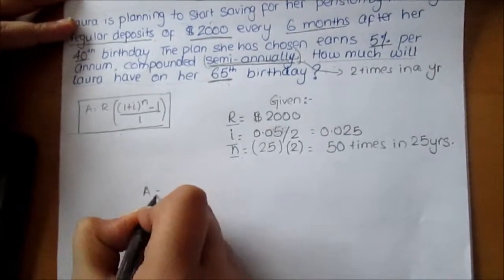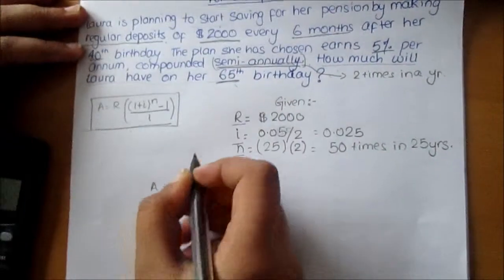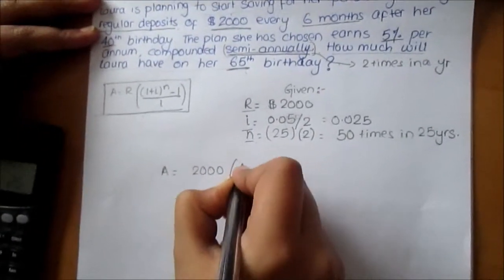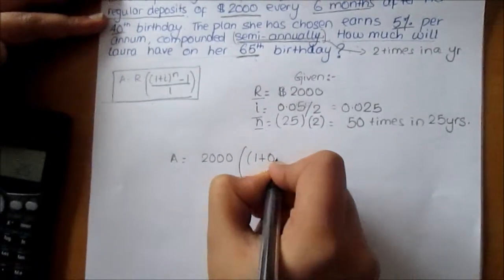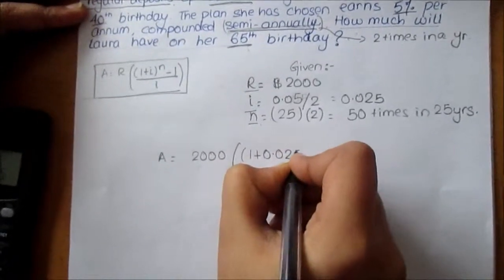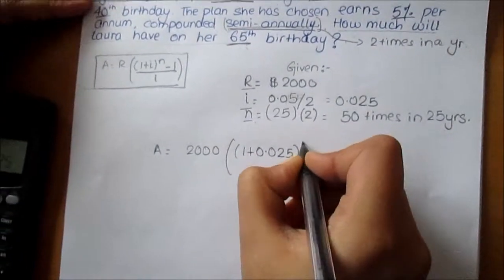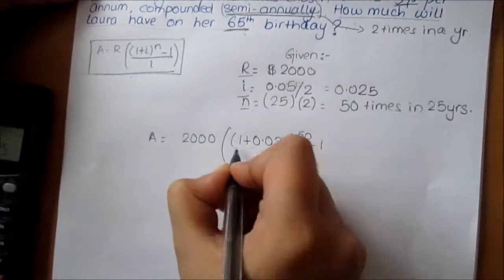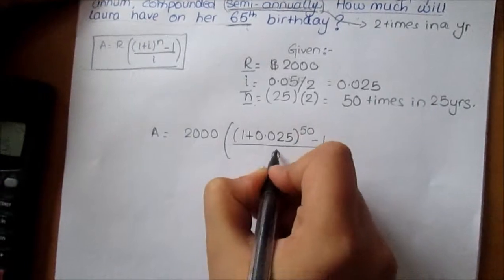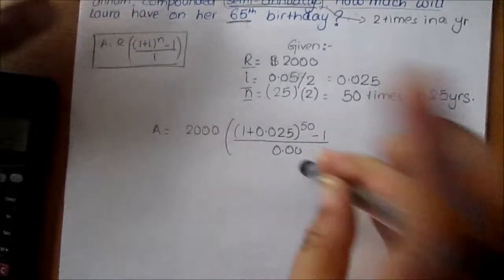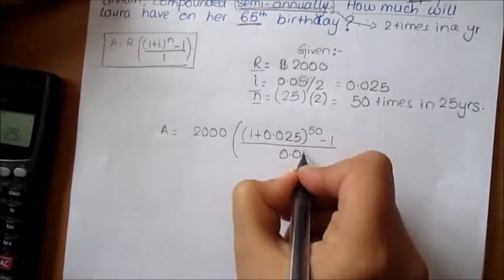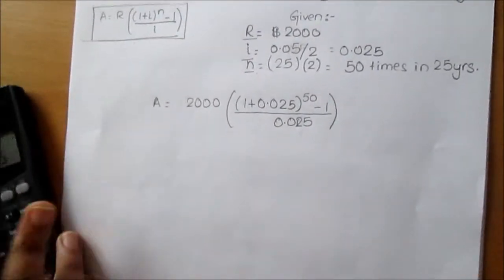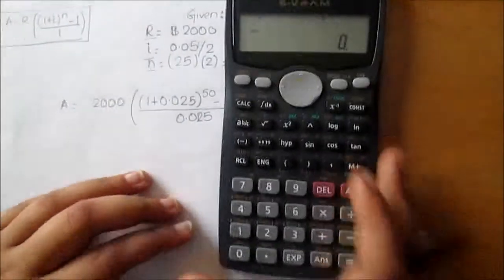So all we have to do is now simply plug everything into the formula. 2000 times (1 plus 0.025) to the 50 minus 1, all over 0.025. Simply just plug in everything in your calculator.